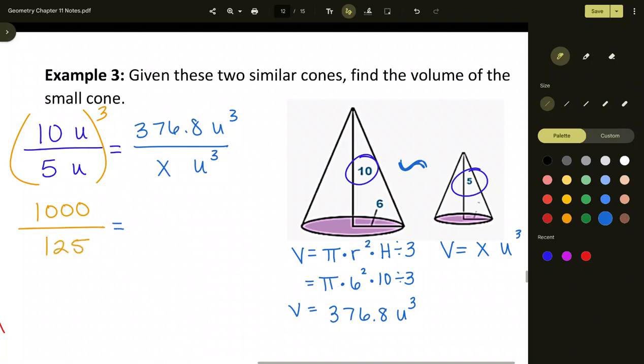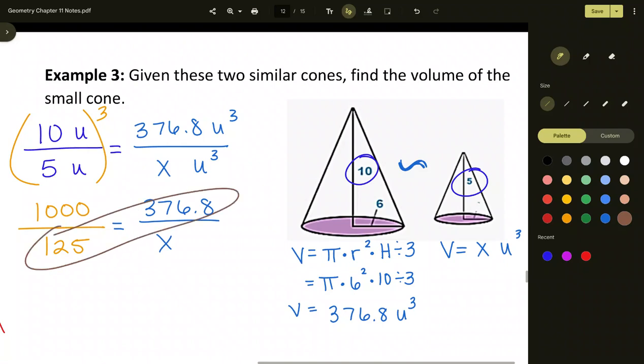And then I'm going to keep the other fraction because that one is already in cubic units. Then all of our units will be cubic. We can cross multiply. So 125 times 376.8. Calculator error.